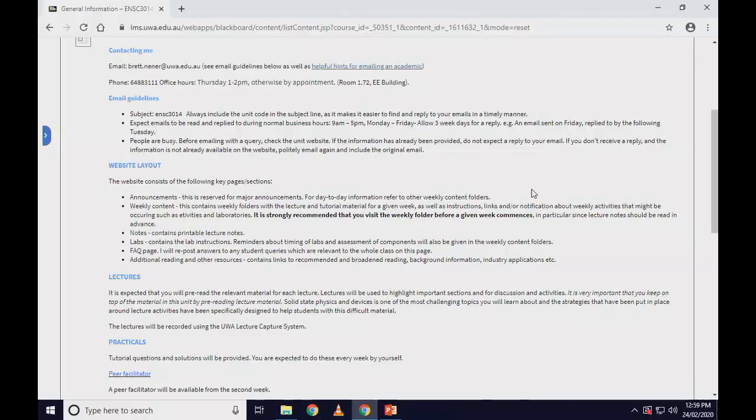Good. All right, so I'm just going to run through a few facts about the unit. I guess the thing you're most interested in is the assessment. How do I complete this unit? In terms of the assessment, there are three forms.